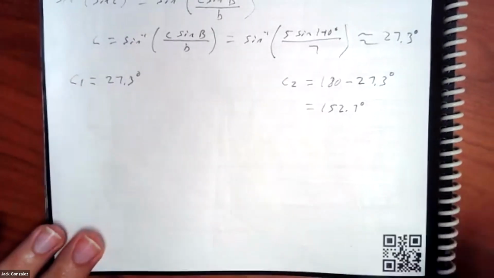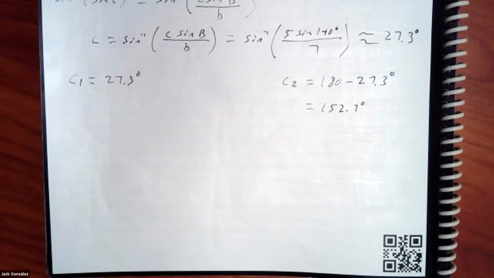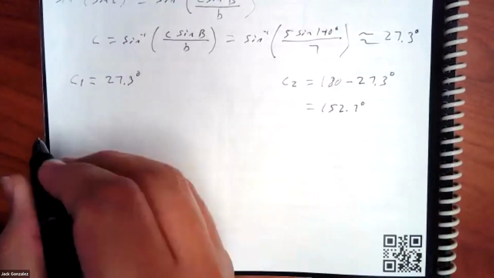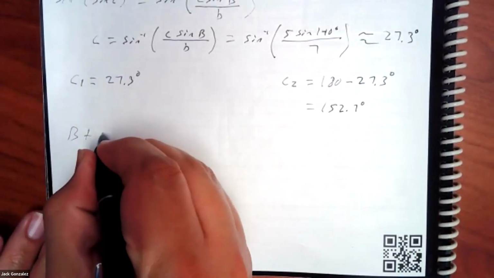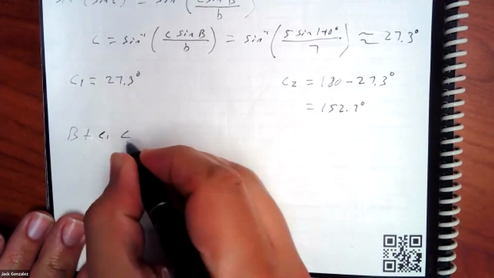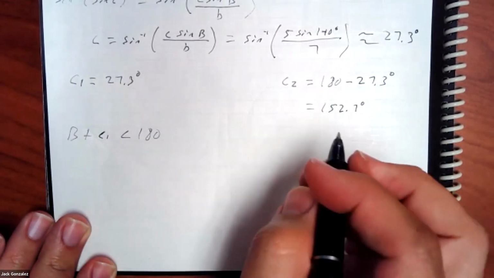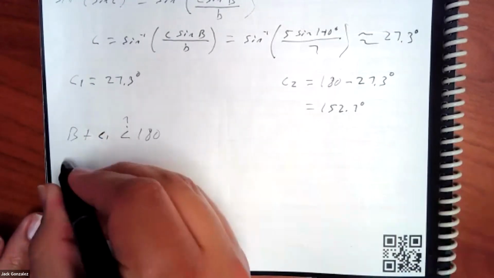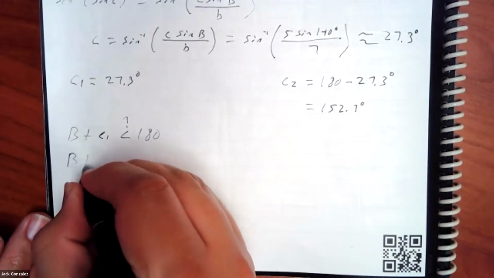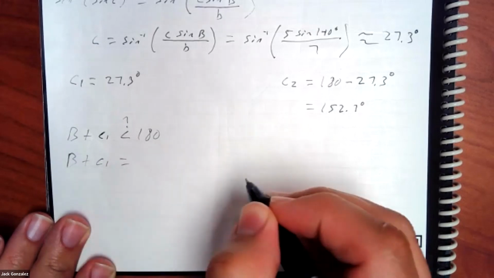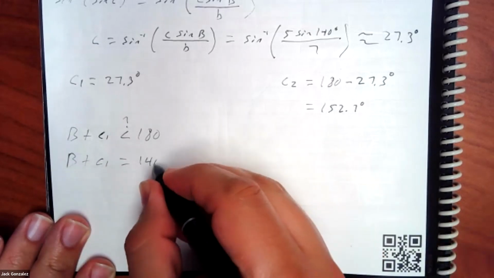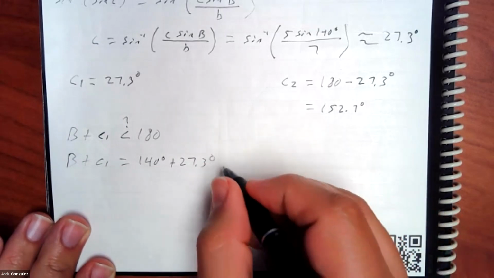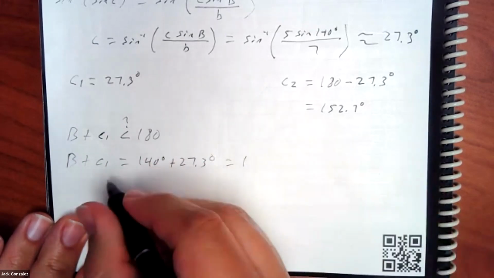So this is how you check. You take the capital B and check, is B plus C1 less than 180? That's the question. B plus C1 is equal to 140 plus 27.3, which is equal to 180?